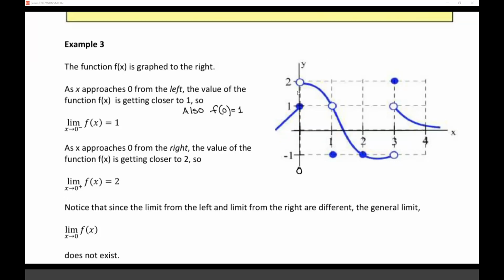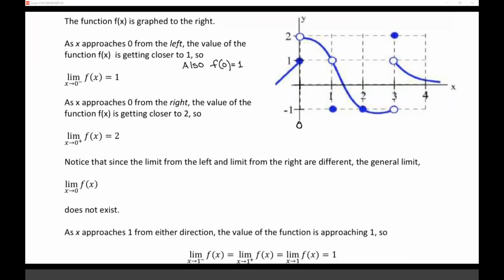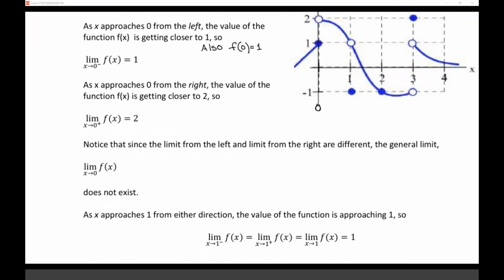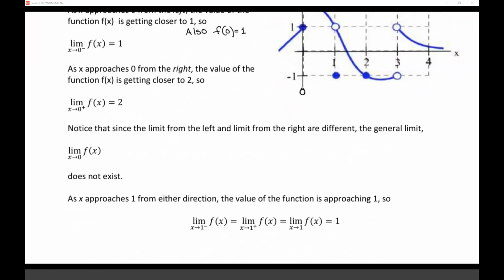Since I've got two different limit values from the left and from the right, what I'll say is the limit as x approaches 0, notice no plus or minus here, does not exist. I believe in your homework they use the abbreviation DNE for does not exist. Everybody good with that?